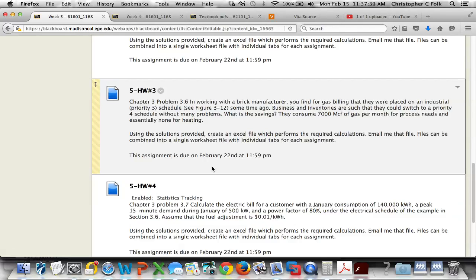The business and inventories are such that they could switch to priority 4 schedule without many problems. So it must mean that priority 4 allows them to have their gas service interrupted. So what would the savings be if they switched from one rate to the other?